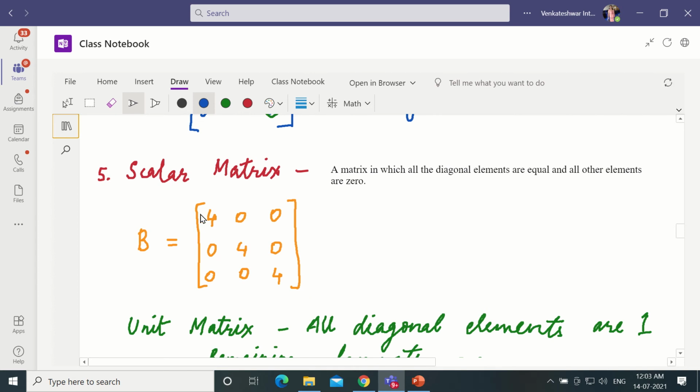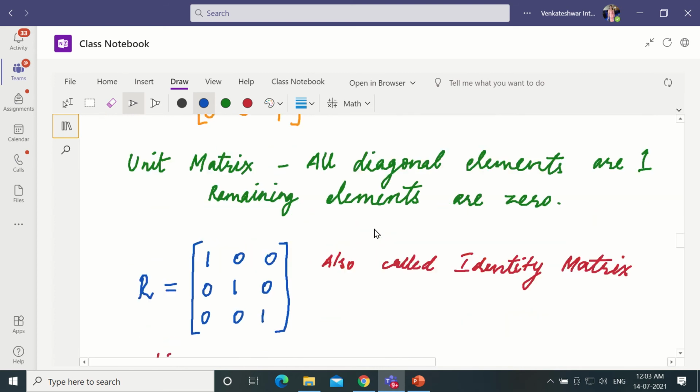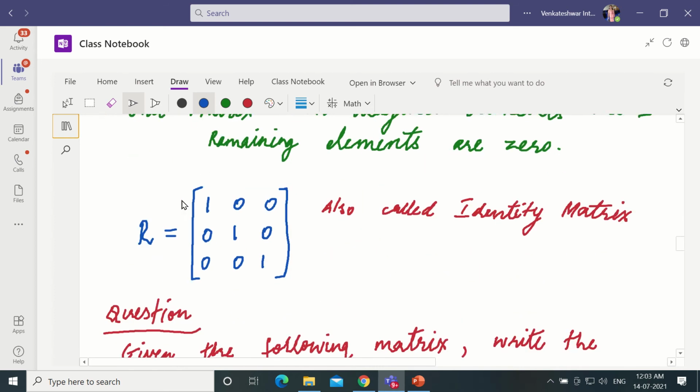So if you see here, all the elements of the diagonal are equal to each other and the remaining elements are 0. Another version of this is the unit matrix or the identity matrix, where the diagonal elements are 1 and the other elements are 0.